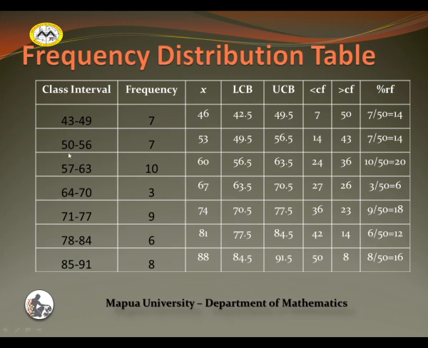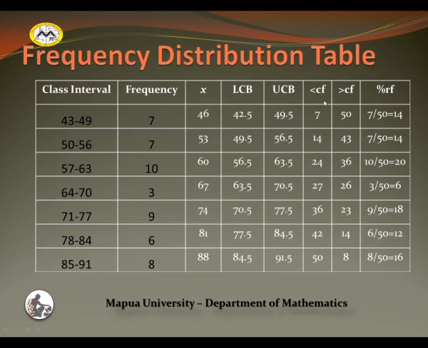For the next class interval, 50 minus 0.5 is 49.5, and the upper boundary will be 56.5, and so on. If you notice, there is no space between the upper limit of the previous class interval and the lower limit of the next class interval, so there is no space between these class intervals.